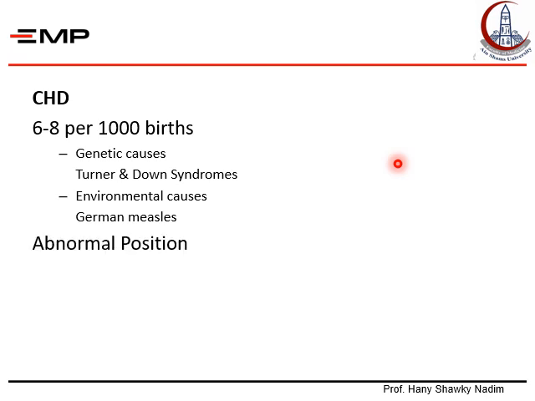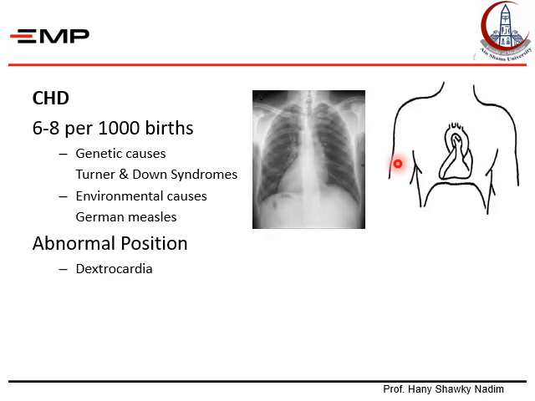The two abnormal positions of the heart that may be encountered are dextrocardia, in which the heart position is reversed. The apex is pointing to the right side, as seen here in the X-ray. As you can see, this is an X-ray of an adult. Probably this person did not know that he or she has dextrocardia until making this X-ray.